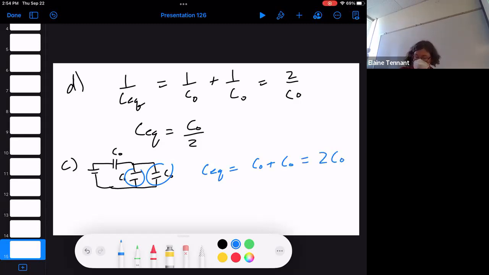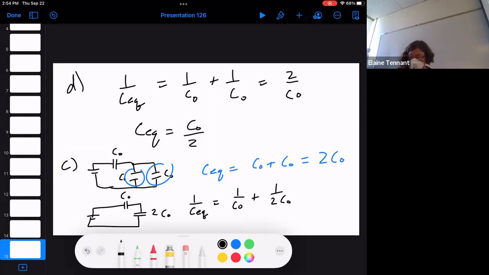So that's 2 C naught. And then we'll redraw our thing where we have C naught and 2 C naught like that. And now these guys are in series, right? Okay, so we can say 1 over C equivalent will equal 1 over C naught plus 1 over 2 C naught. Well, what's 1 whole plus 1 half?